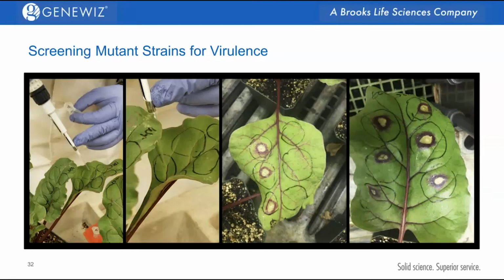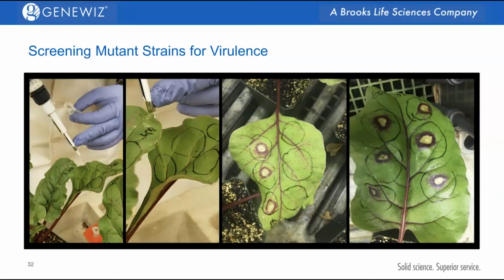I inoculated about 2 or 3 microliters on each circle, and this plant was then incubated in a mist chamber at around 23 degrees Celsius, but also with very high relative humidity, more than 90% relative humidity for at least 4 hours a day.